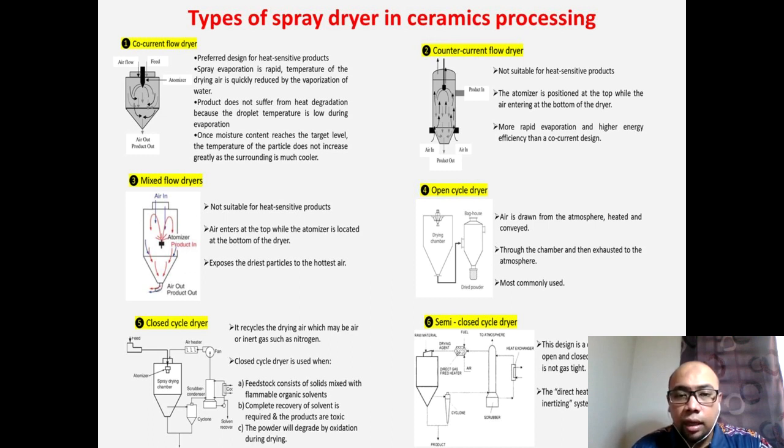For co-current, you can see where they put the atomizer, and the rotation is co-current. The counter flow is like this, the circulation of the airflow inside the spray dryer, and then also the mixed flow dryer, where the rotation of the airflow is, open cycle and closed cycle.